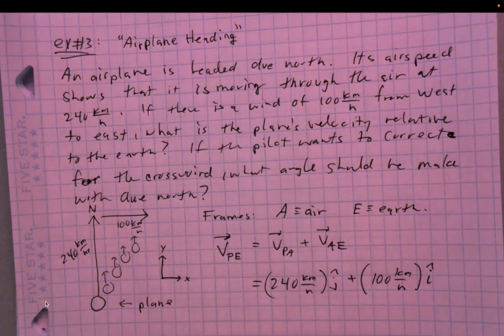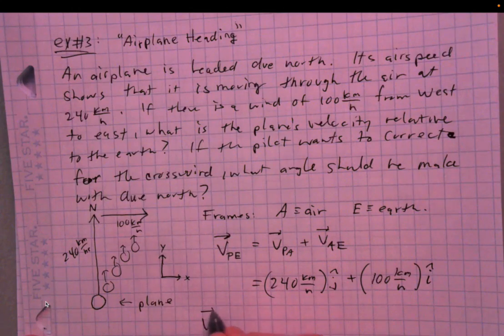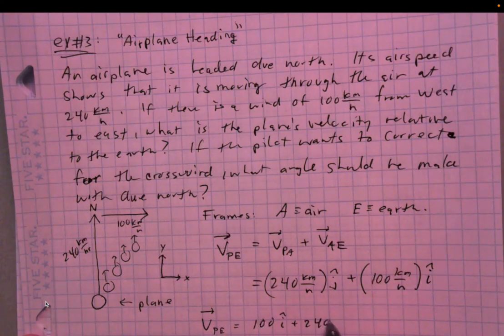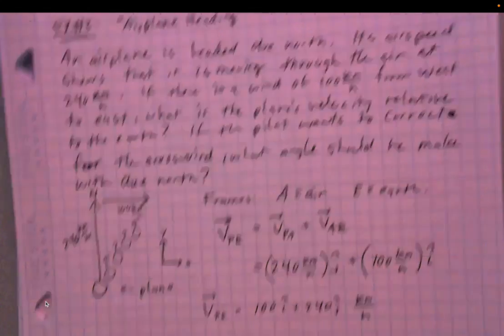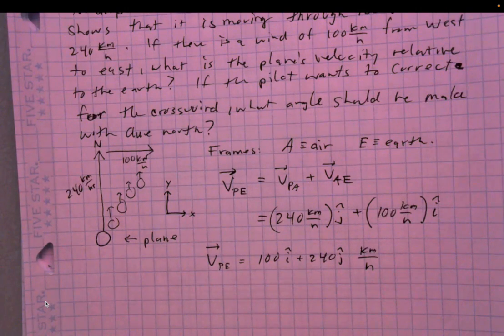So the velocity of the plane relative to the Earth is 100 i hat plus 240 j hat kilometers per hour. That's the velocity vector.